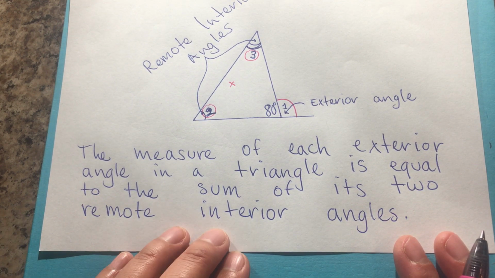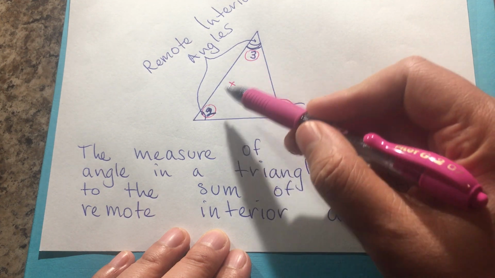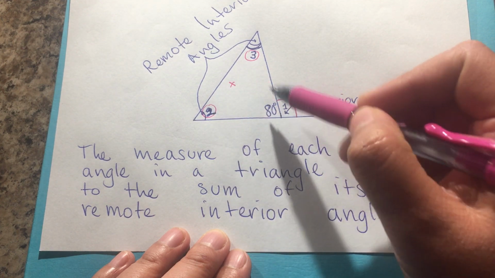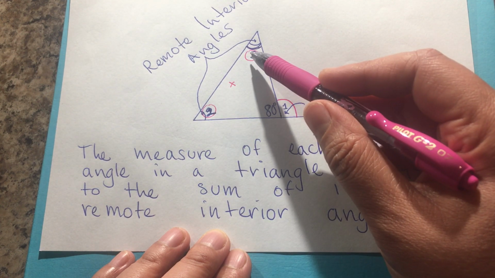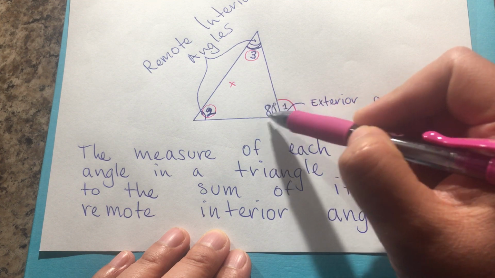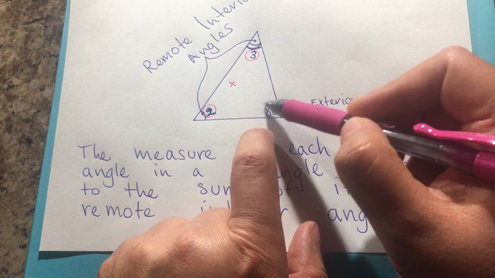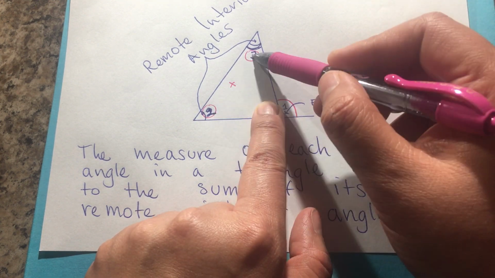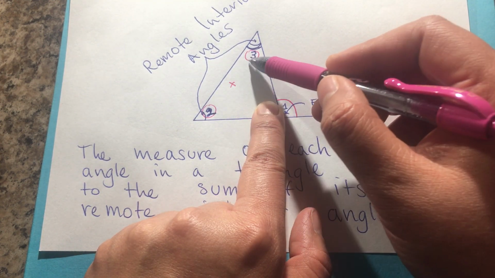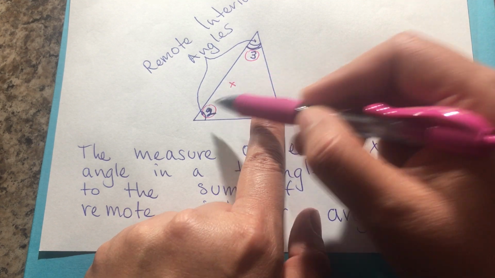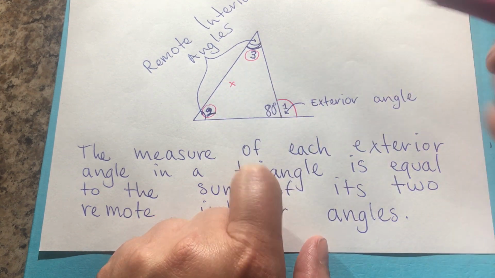If you learned in the previous lesson, we know that the angles of a triangle add to 180 degrees. And so I just labeled this one to make our lives easy as 80 degrees. If this is 80 degrees, together 2 and 3 equals 100 degrees, right? 100 plus 80, that's 180 degrees.